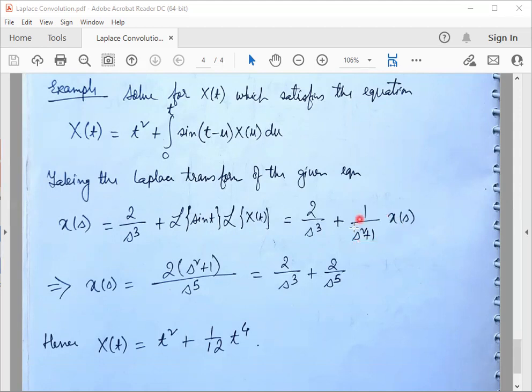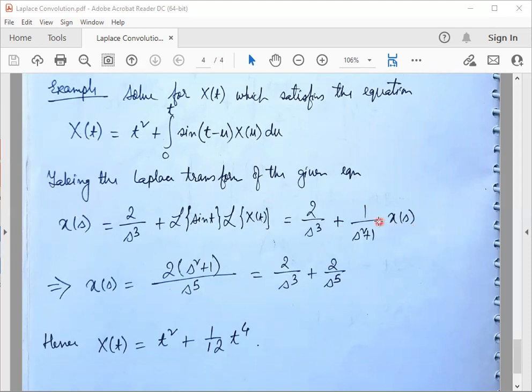Now I bring this term 1 by s square plus 1 times x of s towards the left. Okay, so I get x of s equal to 2(s square plus 1) by s to the power 5. This we get after simplification.